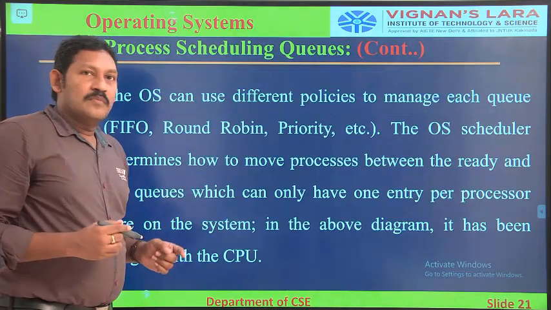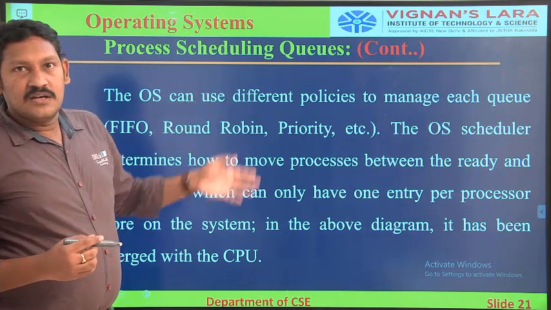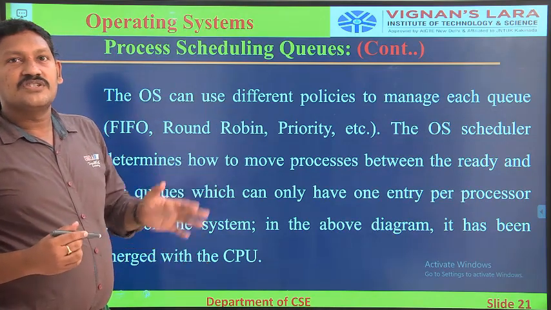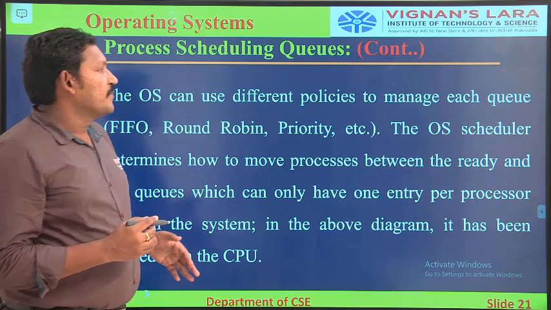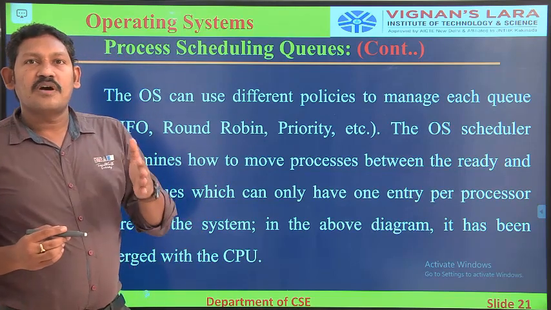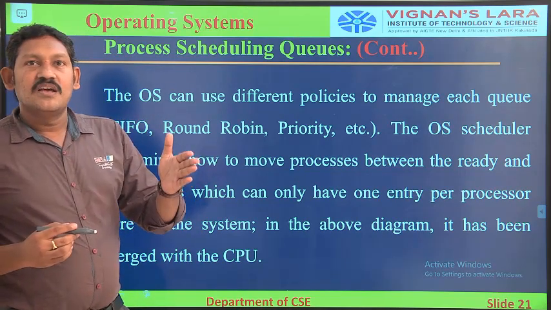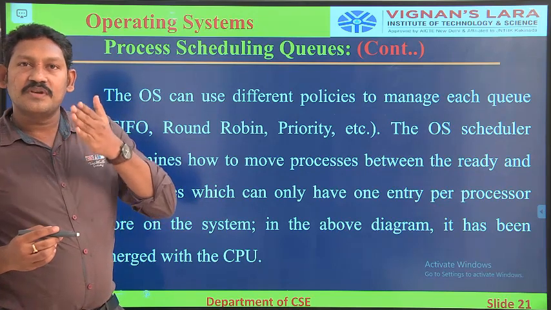Next, process scheduling. There are different process scheduling algorithms. They decide when a particular process is to be kept in ready state, when it is to be executed, and when it is to be kept in waiting state.